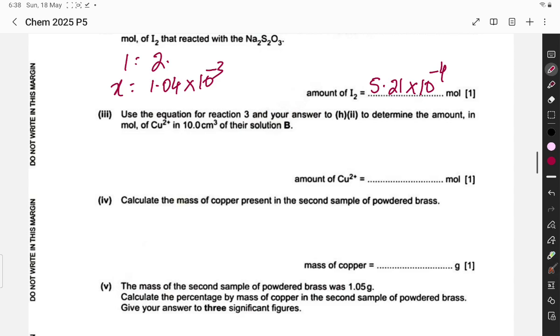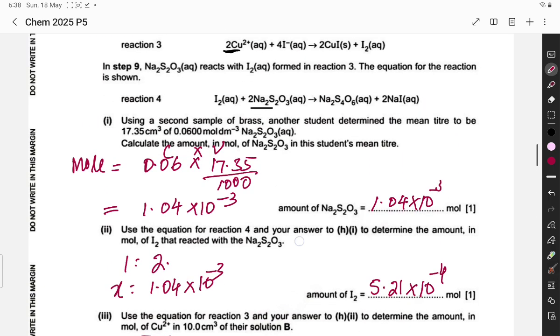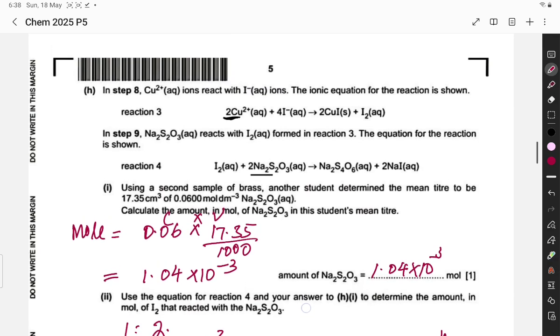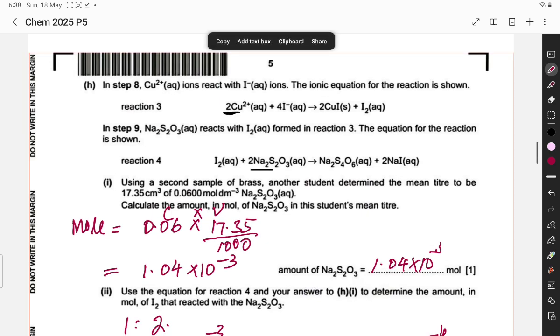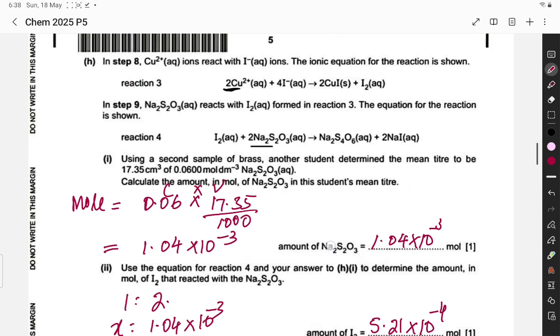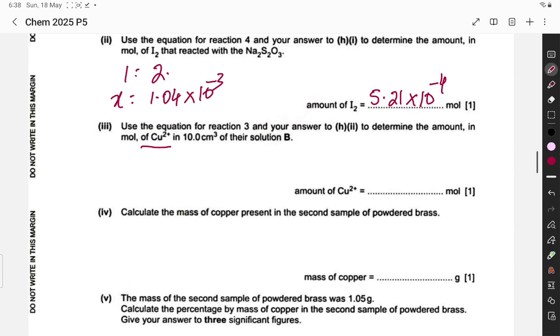Use the equation for reaction 3 and your answer to H2 to determine the amount in mole of copper(II) ions in 10 cm³ of solution B. Solution B contains copper(II), and we have a ratio of 2 to 2. So the amount is 1.04 × 10^-3.